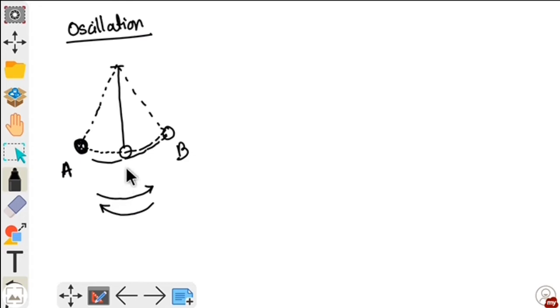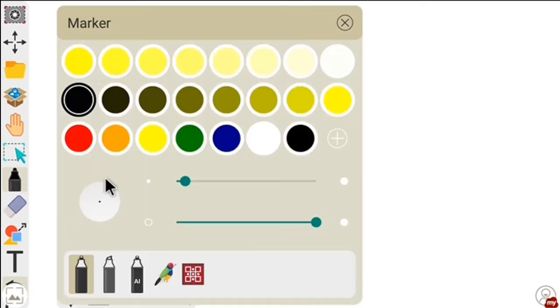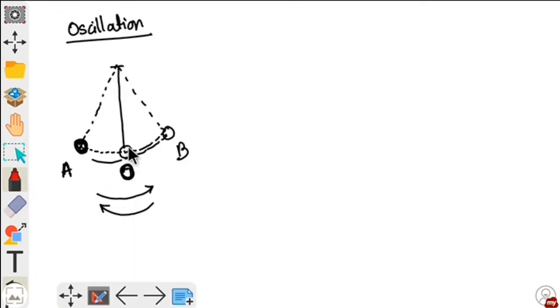Now if you take the middle portion as O, and the oscillation starts from here, it goes from O to A, then A to B, and again B to A. So this is one complete oscillation.